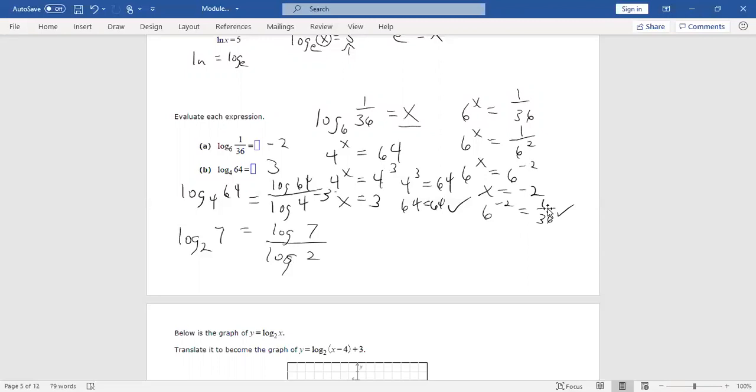That gives you 2.807. So that means, again, that 2 raised to the 2.807, and remember, this is rounded, should equal 7. So the change of base formula, or if you can write them as having the same base, either method will work.